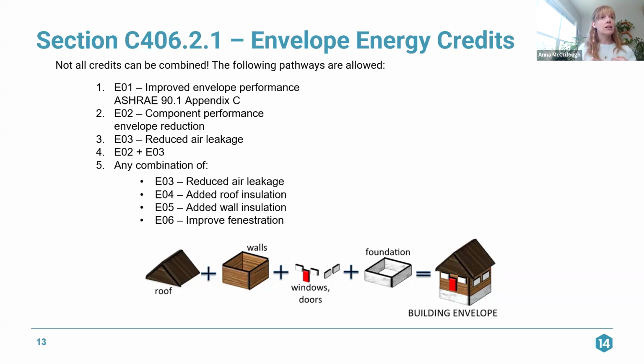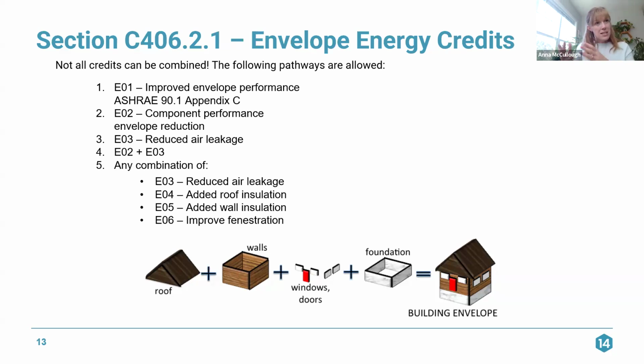So we're calculating the total UA of our building, like we used to do in ComCheck, and showing 15% savings, but we'll go through it. This one can be combined with the reduced air leakage credit. So you can have E02 plus E03. And then you can do any combination of E03, E04, E05, and E06.